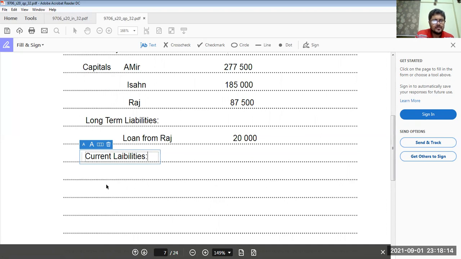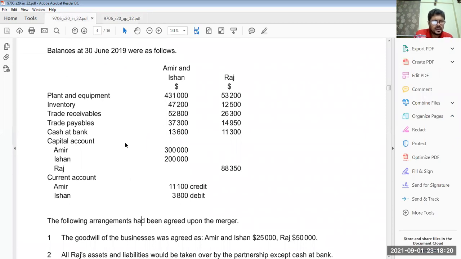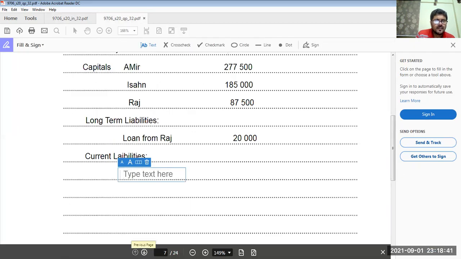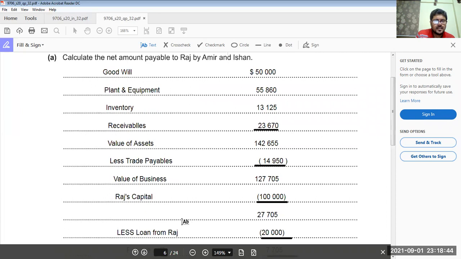Now current liabilities. See, we have current liabilities: trade payables 37,300 plus liability of Raj, giving 52,250.